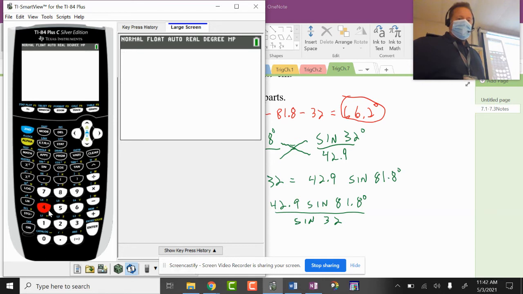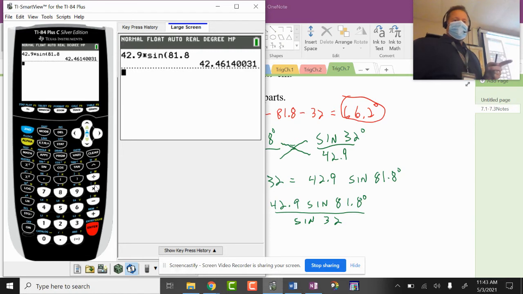42.9. I would do this. 42.9 times, I guess. I didn't really have to write times. Sine 81.8. This is not lazy. This is actually better for you to do. Just press enter. And then take that answer divided by the sine of 32. And then hit enter again.